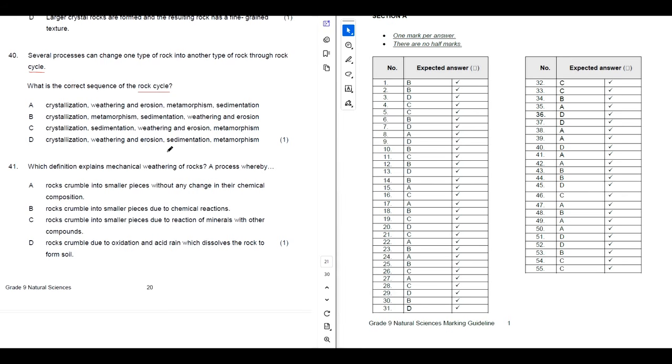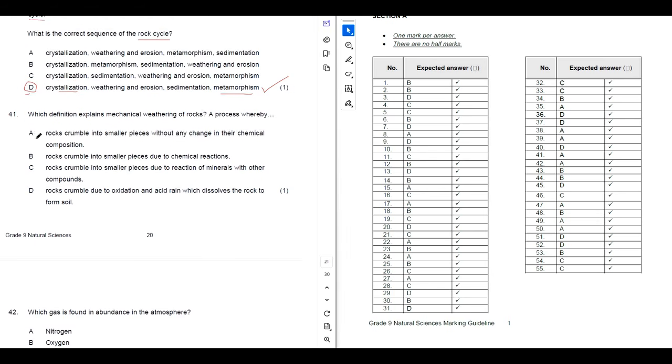Okay, so these are our sequences given in order. So we need to choose the correct sequence. And we can see that our answer will be D, which says crystallization, weathering and erosion, sedimentation, and metamorphism. So this is our correct sequence. So we need to understand this sequence, guys, so that even when this question comes, you will be able to remember it.